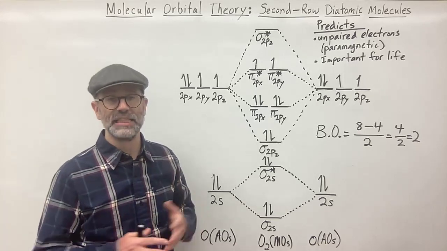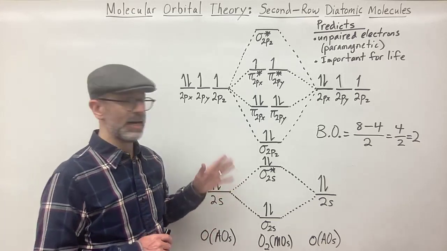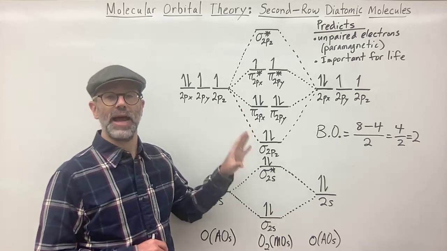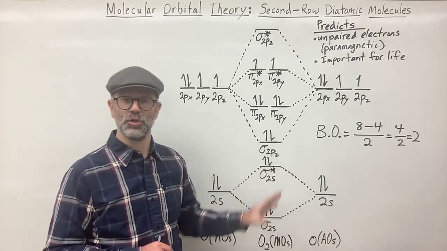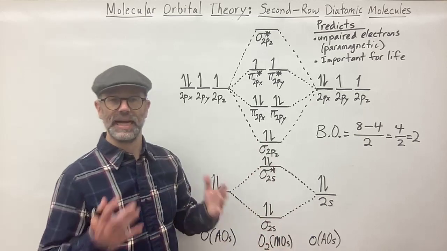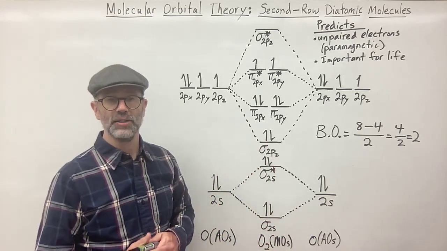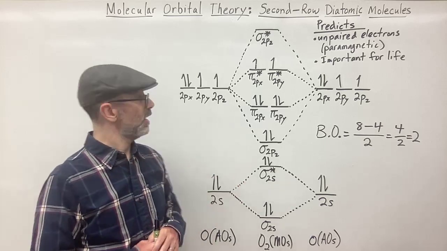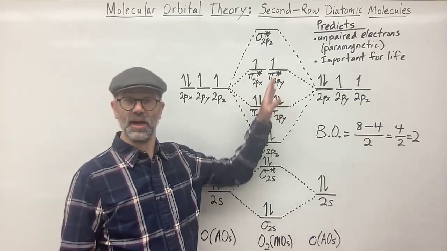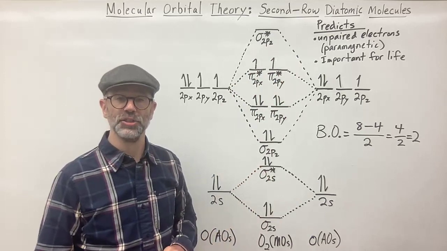And because of that spin barrier, the reaction of organic molecules with the oxygen molecule in the air is relatively very, very slow. And so that's one of the benefits of having unpaired electrons in your oxygen.